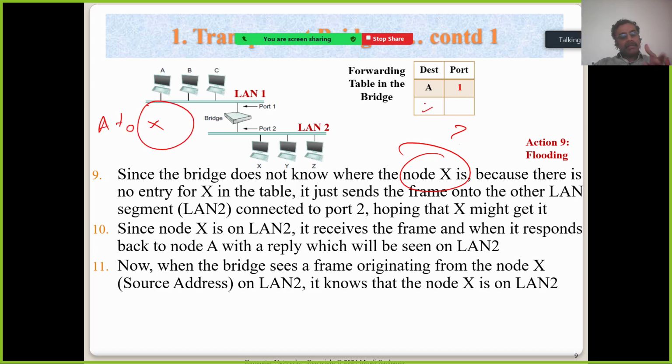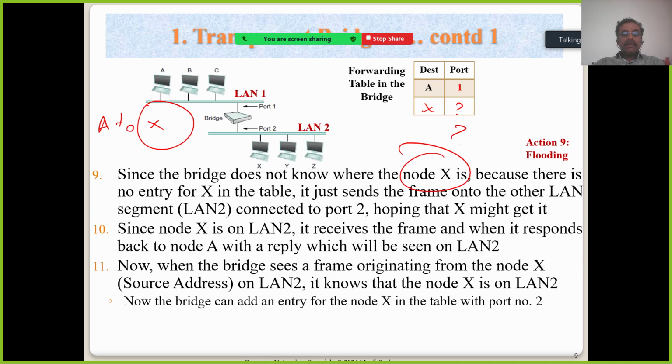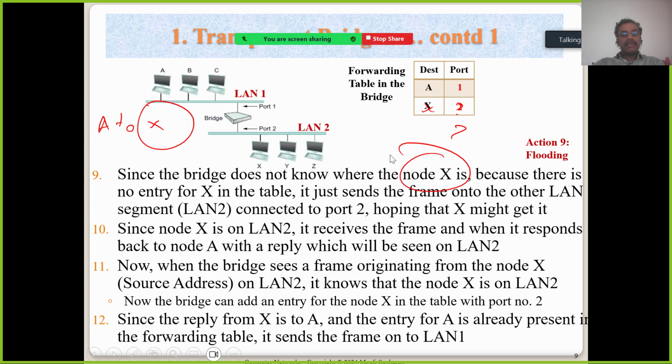It doesn't know based on the MAC address whether it is on the same physical segment or on the side of the bridge. It just sends it across LAN 2. Now our friend the bridge learns that source X is on this side of the fence.